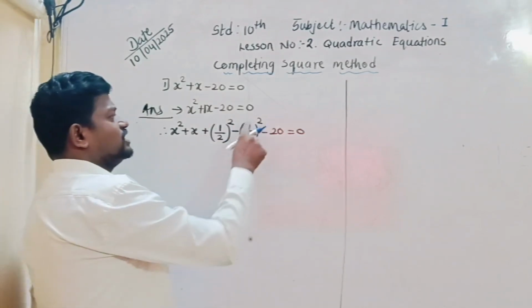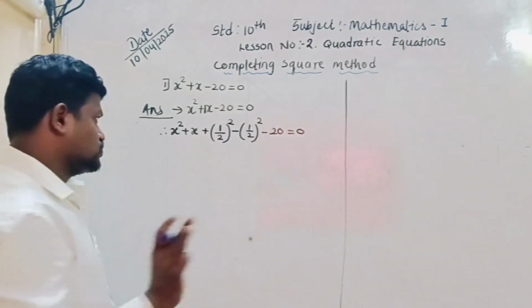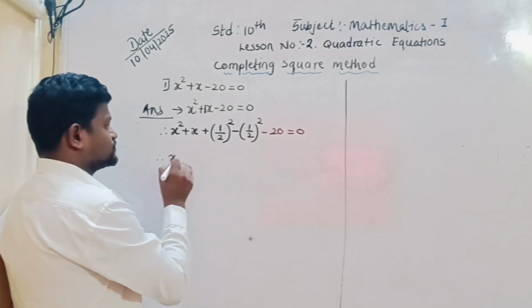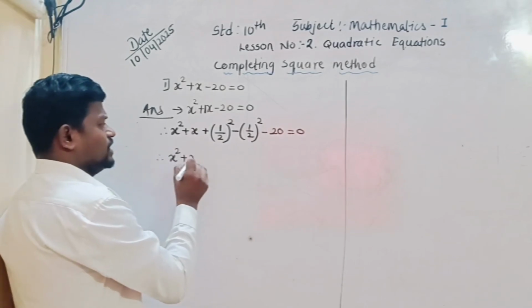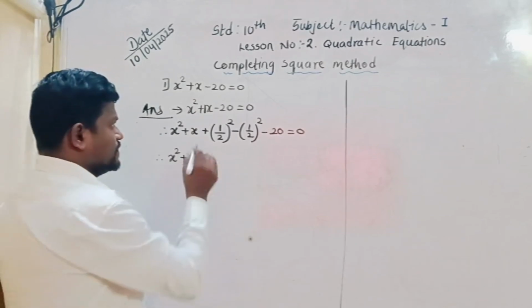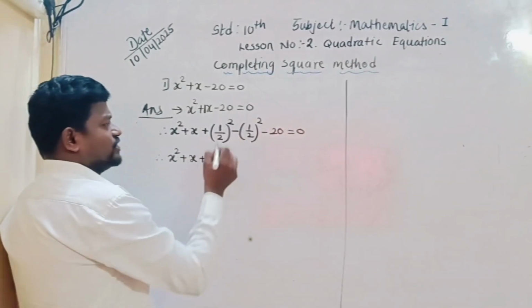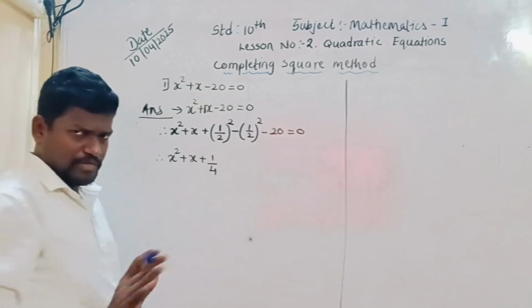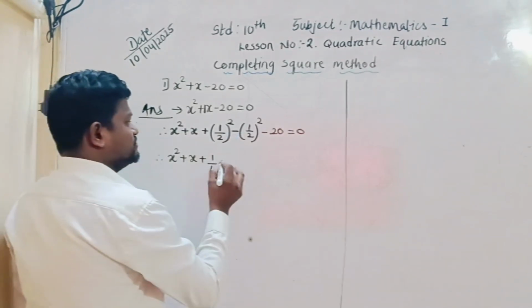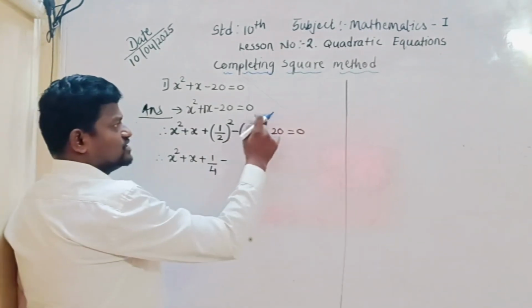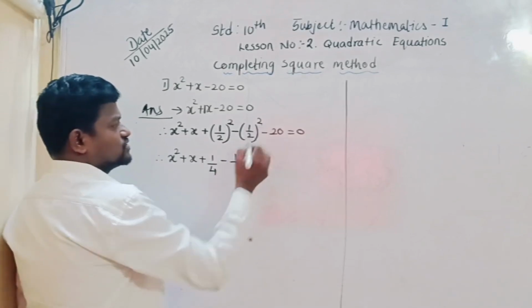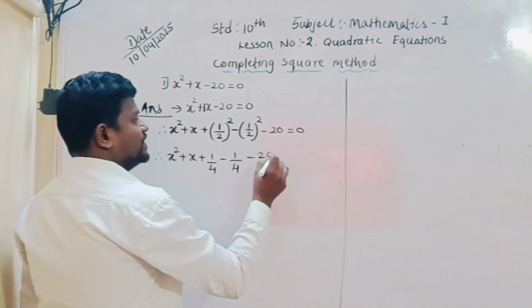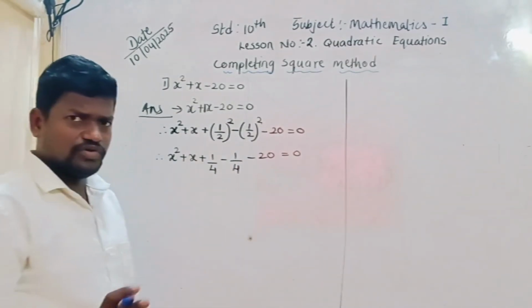Here no number is divisible by anyone, so 1 upon 2 write down as it is. Next, x square plus x, plus sign, 1 square 1 and 2 square 4. Next, minus sign, 1 square 1, 2 square 4, minus 20 equal to 0.